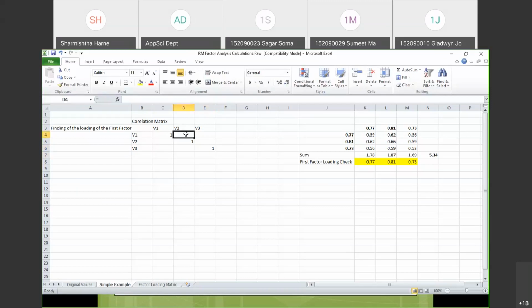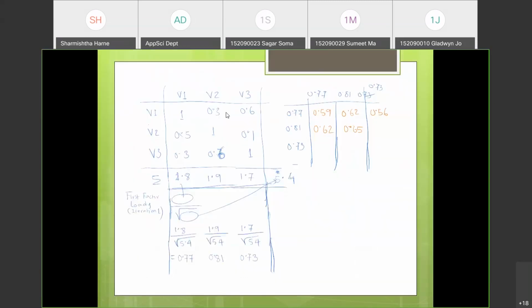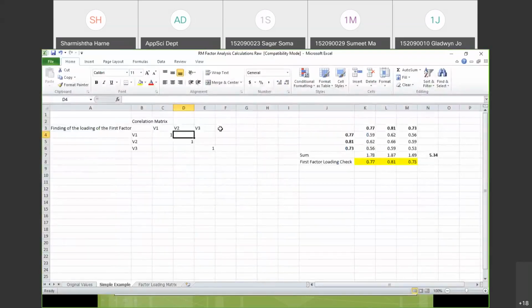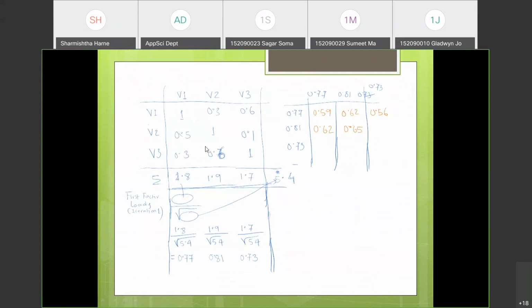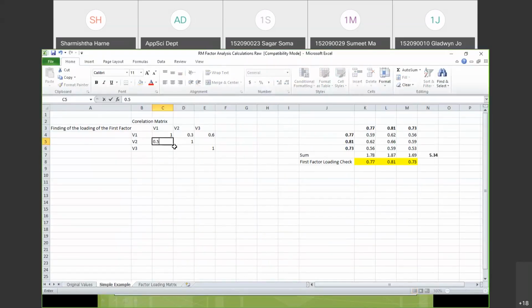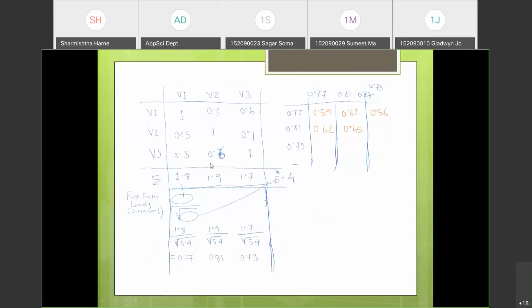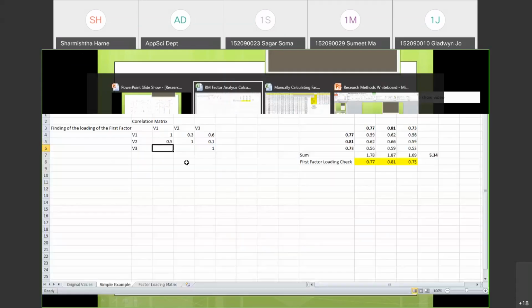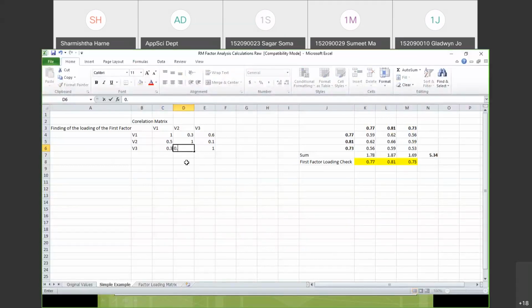Just give me a minute. I'll just copy this. 0.3, 0.6, 0.3, 0.6, 0.5, 0.1, 0.5, and on the other side 0.1, and here we have 0.3, 0.6, 0.3, 0.6. Okay, so with this correlation matrix, we got the loadings on first factor of these variables.